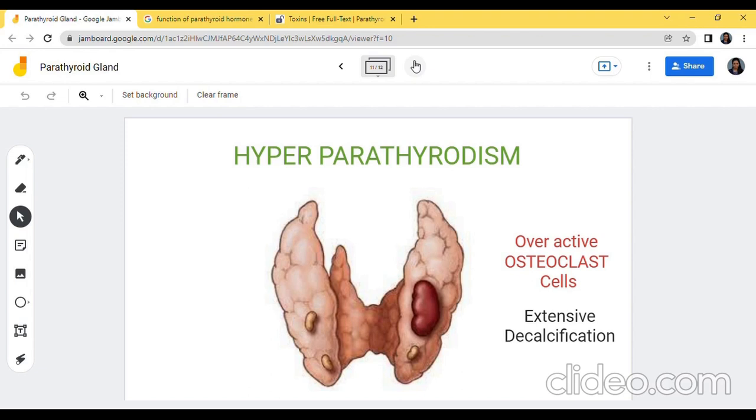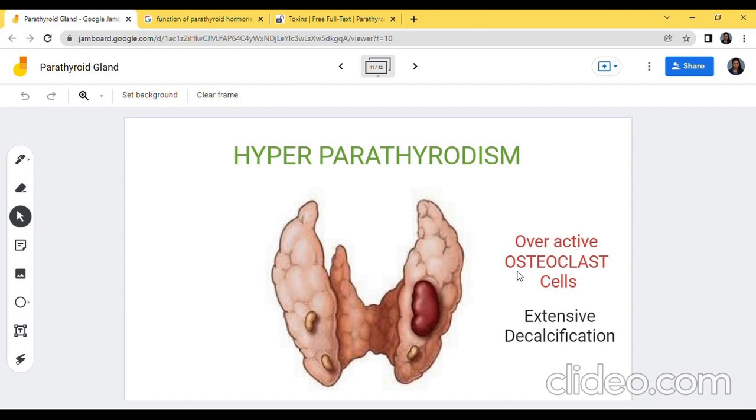Here we can observe the enlargement of the parathyroid gland. When these osteoclast cells are overactive, they will destroy bone cells, so it will lead to softening of bones.